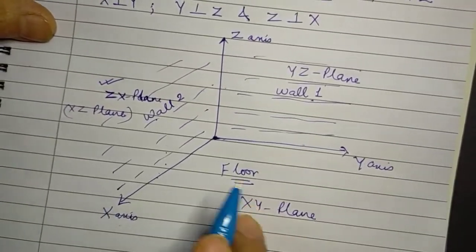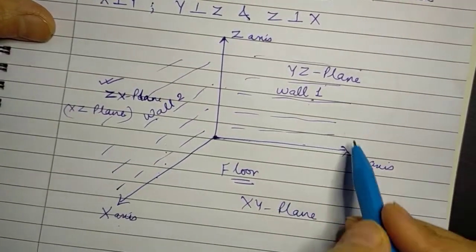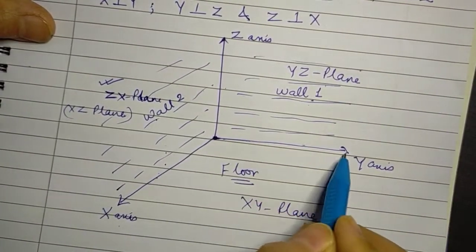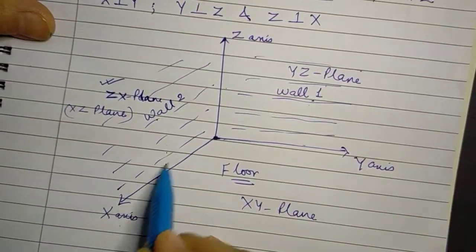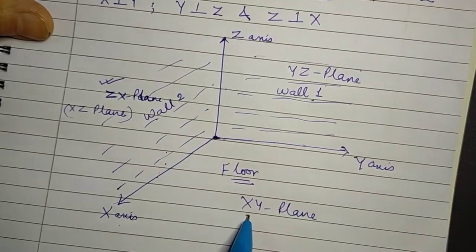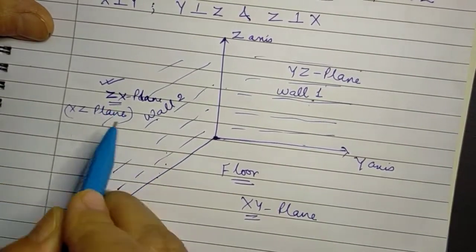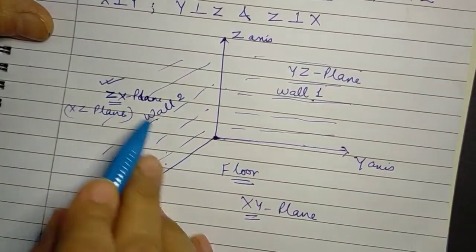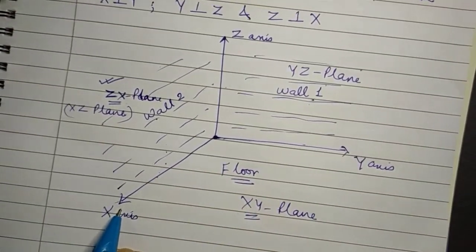Another thing is the common axis which separates the xy plane and the zx plane. The common thing is what? x, so it is called the x-axis.